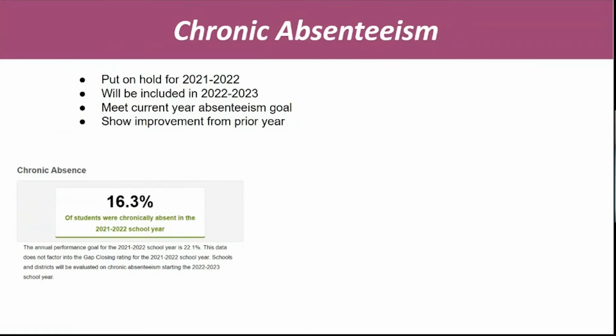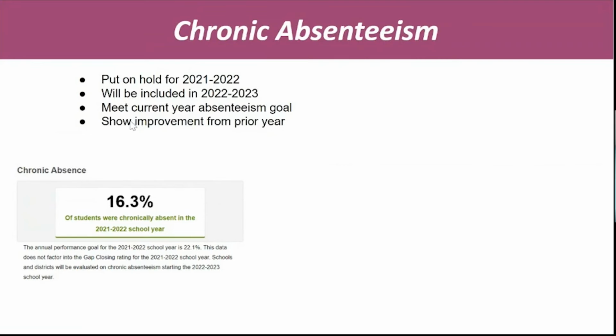And for that one, there's some different calculations depending on where your baseline was. So if you were over a certain amount, you can meet it one way by showing improvement. If you're under a certain amount, then you can meet it a different way. And I'll put the link in for the technical document so that you can see those actual calculations.